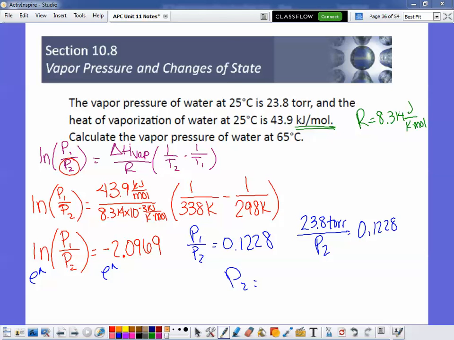Let me just double check. Okay, I guess it is 194. It just seems really high. But okay. We did the math right. So yay. Okay. Just a couple more things and then we'll be done.